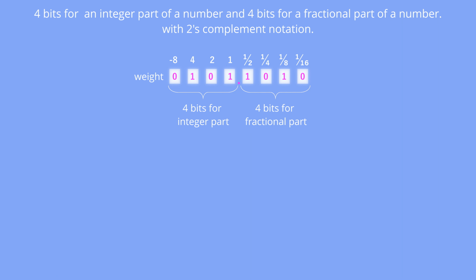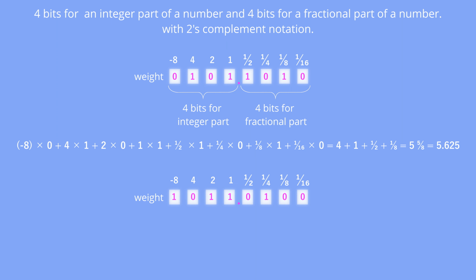Let's convert it to decimal. -8 times 0 plus 4 times 1 plus 2 times 0 plus 1 times 1 plus 1 over 2 times 1 plus 1 over 4 times 0 plus 1 over 8 times 1 plus 1 over 16 times 0 equals 5 and 5/8, or 5.625. Let's consider another example.